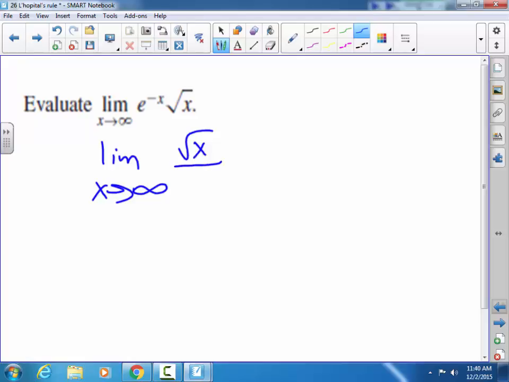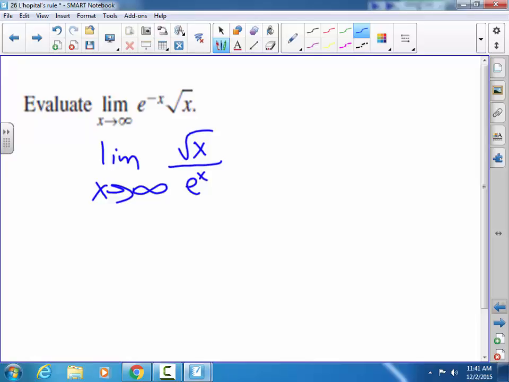Good question. She asked a question that I should have asked. Do we even need L'Hopital's rule? What happens when I put infinity into this to begin with? I get e to the negative infinity, which is a really small number, and I get infinity, which is a really large number.